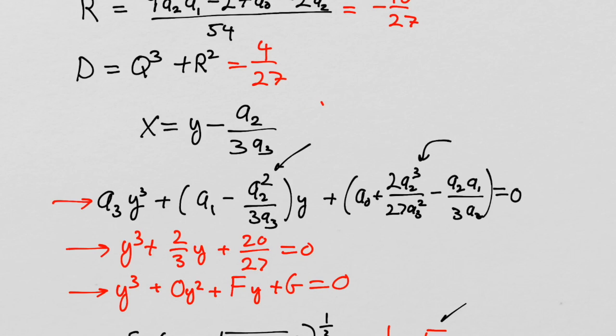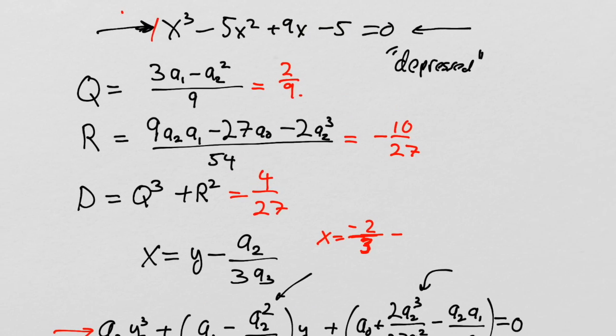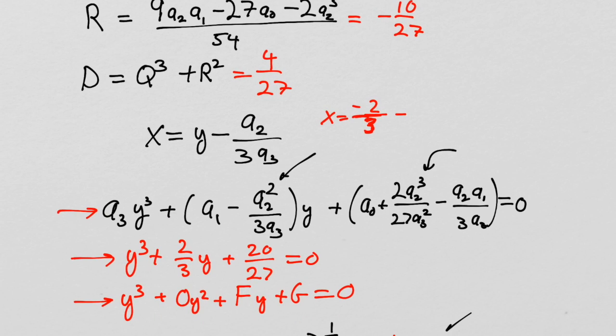x equals minus 2/3 minus, I put the minus sign up there, minus a2 over 3a3. Now a2 was minus 5, so minus 5 over 3, which is minus 2/3 plus 5/3, which equals 3/3, which equals 1.